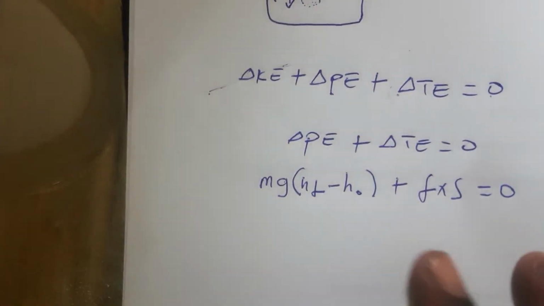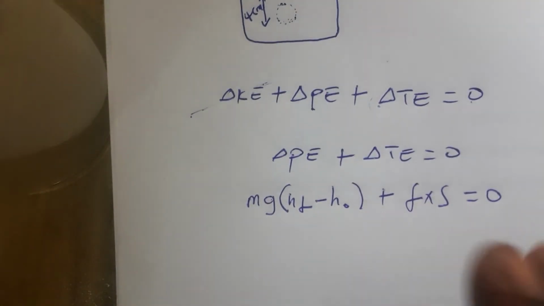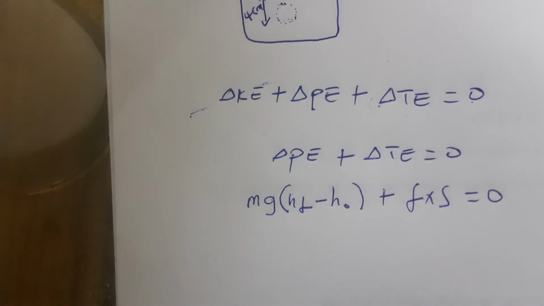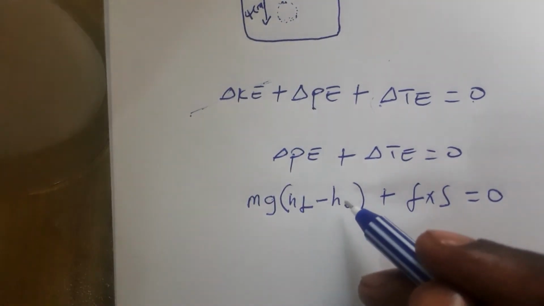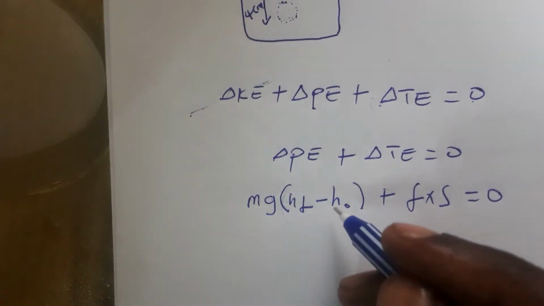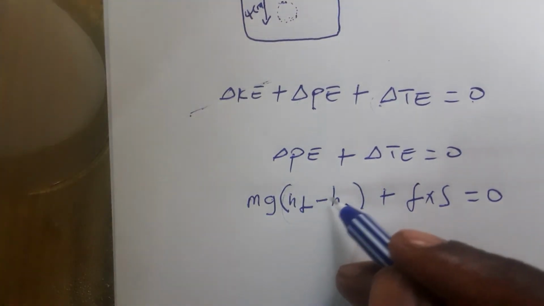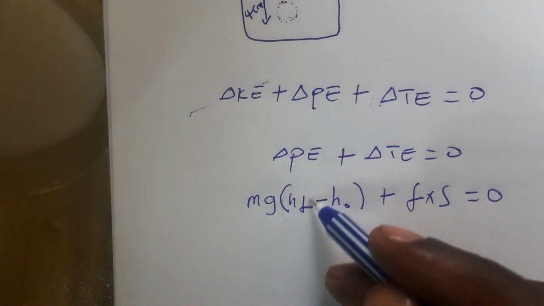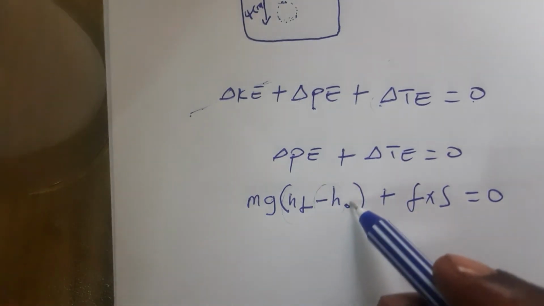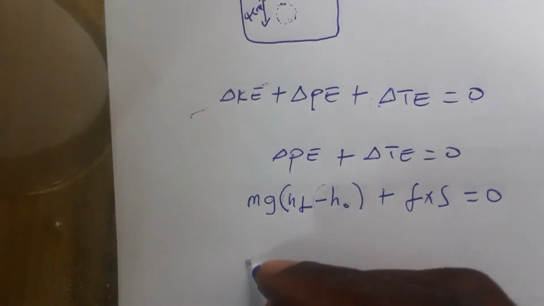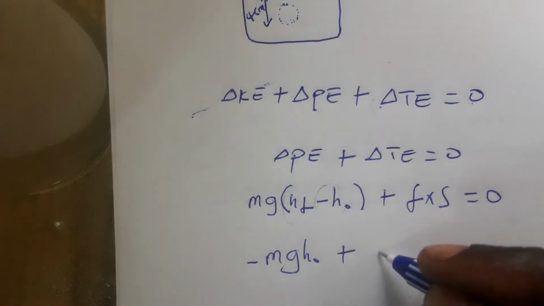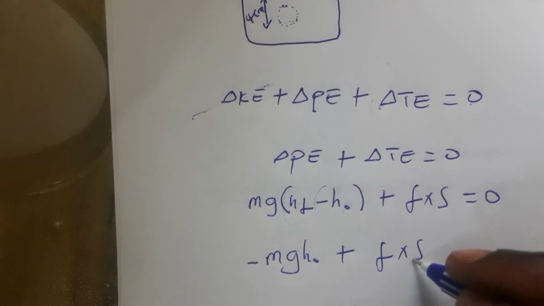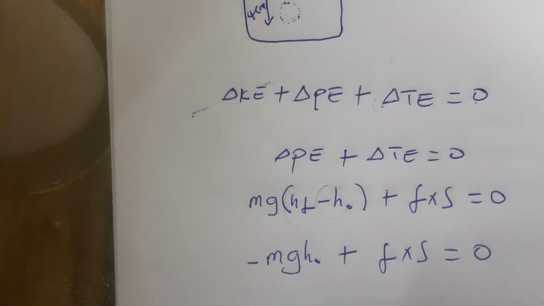Okay, then we know our final height, since the ball has landed, is 0. That's our final height is 0, so we only have minus initial height here. So when we multiply this minus initial height with what's outside here, we shall get negative mgh plus F times h, which is equals to 0.